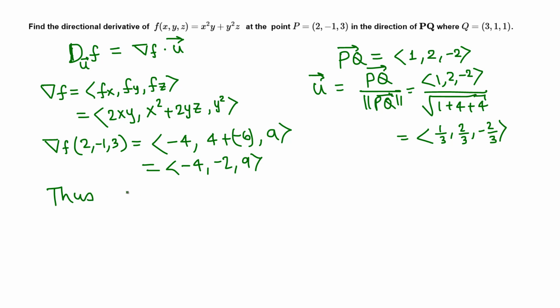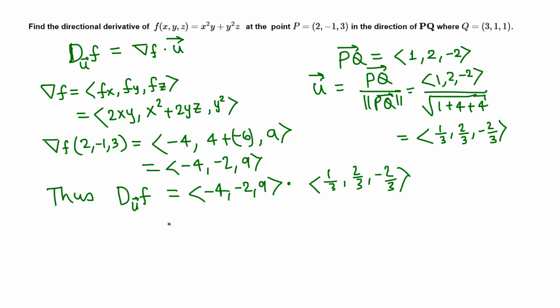Thus directional derivative in the direction of PQ, which is same as in the direction of the unit vector at this point, is equal to this vector dot with the unit vector, which is 1/3, 2/3, negative 2/3, which is just multiply the corresponding components and find their sum.